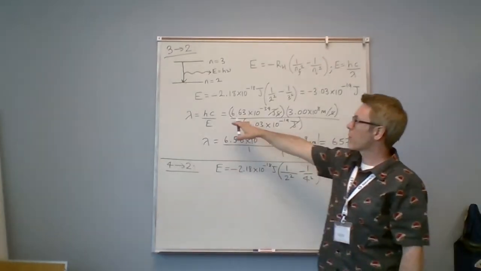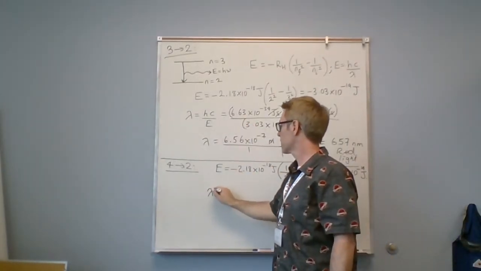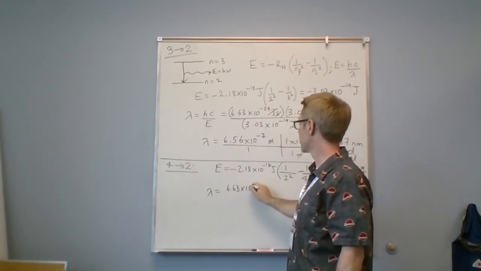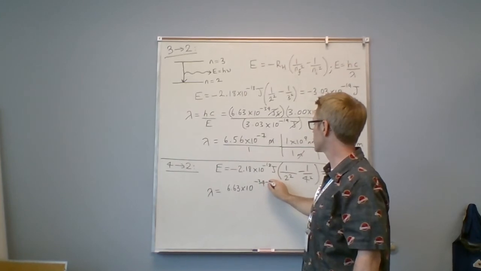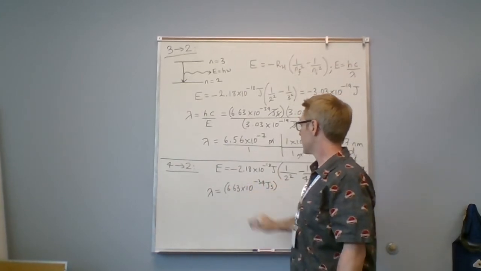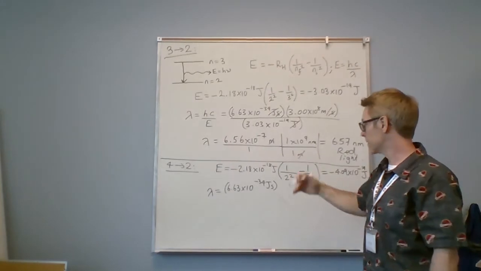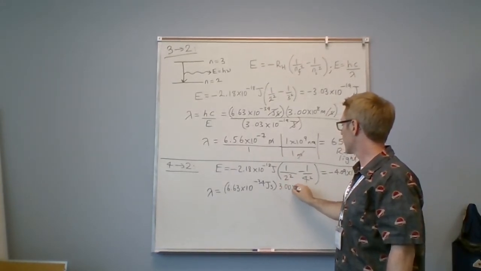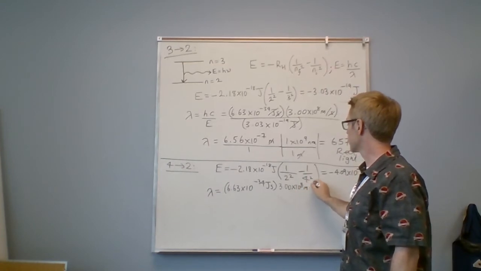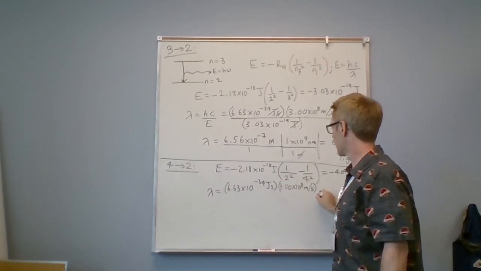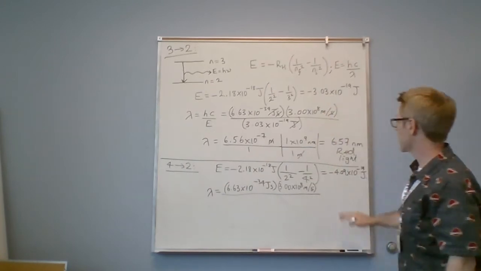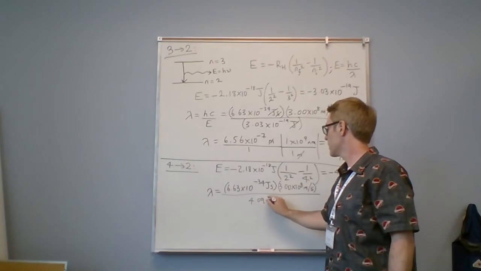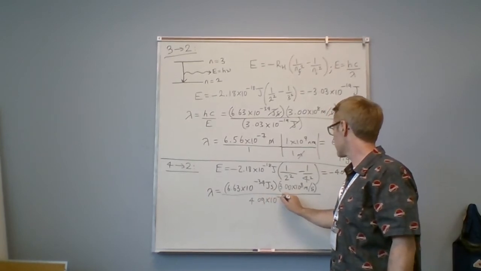We now do the same process here. We solve for the wavelength. The wavelength is Planck's constant, 6.63 by 10 to the negative 34 joule seconds, times the speed of light, because we're looking at light and it always travels at the same speed, 3 by 10 to the 8 meters per second, divided by the absolute value of our energy, 4.09 by 10 to the negative 19 joules.